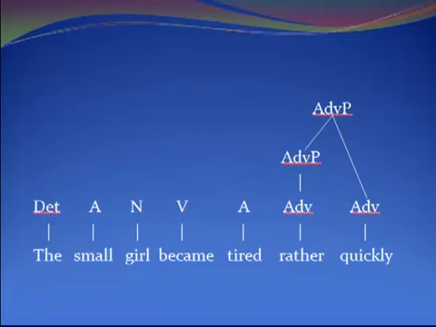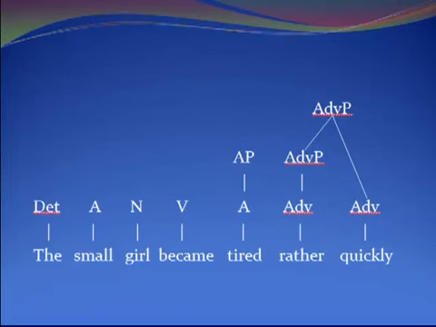Well, she became tired. You can't say, what did the girl become? Tired rather quickly. No, you just say, what did she become rather quickly? And the answer is tired. So the small girl became tired. The tired girl. So tired is a constituent by itself. So we put in the adjective phrase.